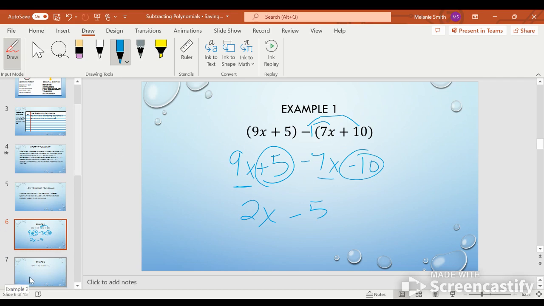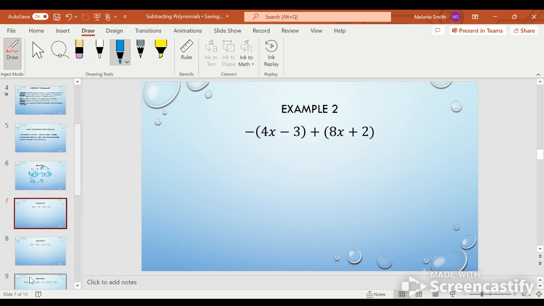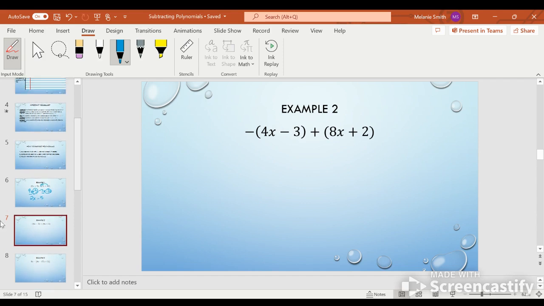So if we go to this next example, you see that there's a negative sign out in front of the first parenthesis. So even though this looks like addition here in the middle, we're going to work on this the same as we would work on a subtraction problem, because we've got this negative sign out here, and we need to first distribute a negative 1.